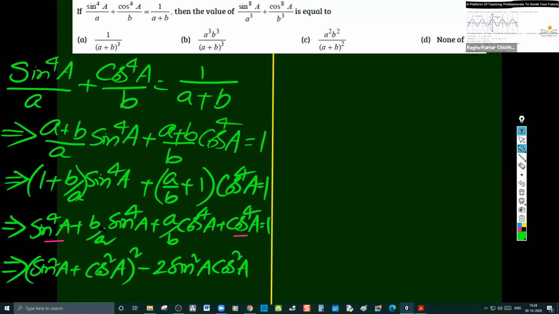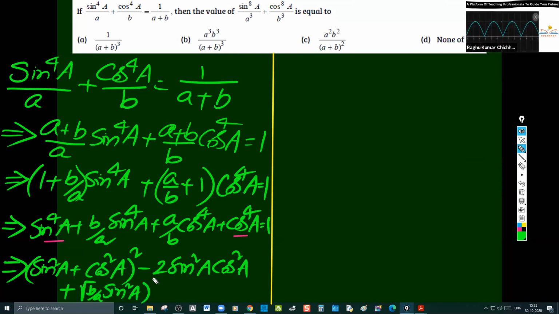Similarly, the second part, what I'm doing, just see this carefully. Root over B by A sine square A whole square. Just check it out carefully.